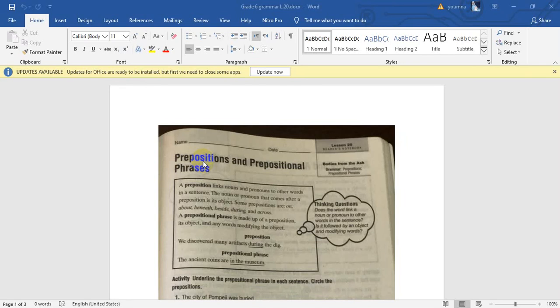Okay? What is a prepositional phrase? If you have a preposition and after it immediately a noun or a pronoun, it's going to be a prepositional phrase. So let's read here together.